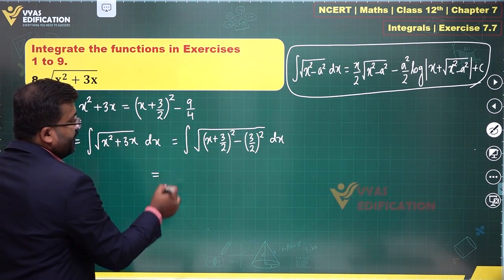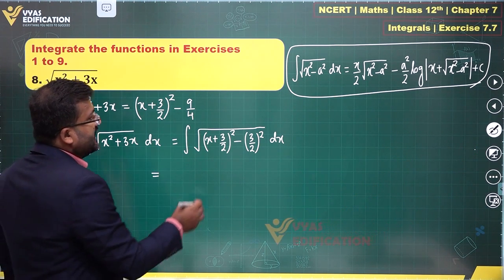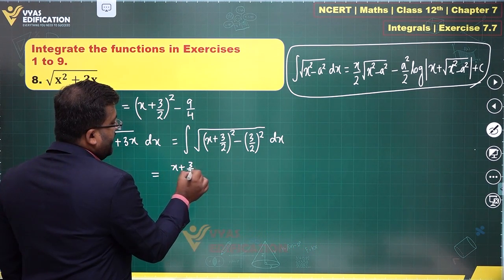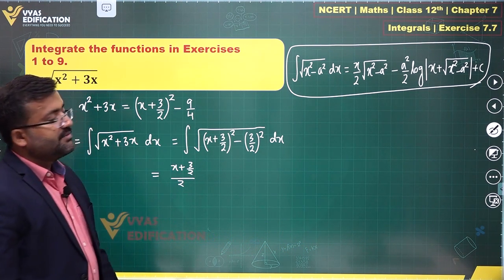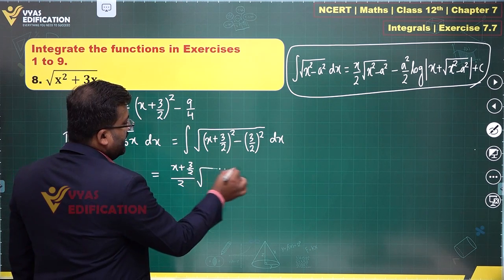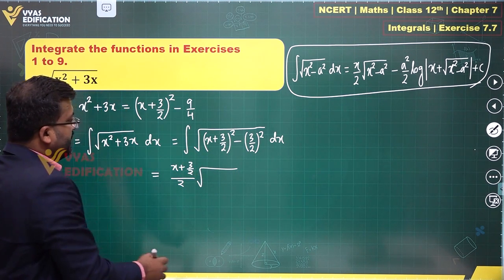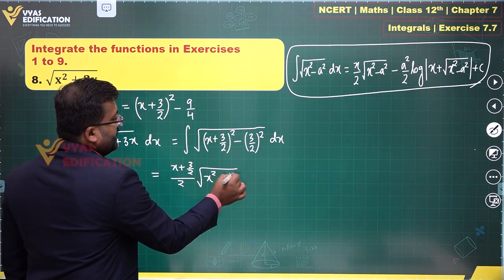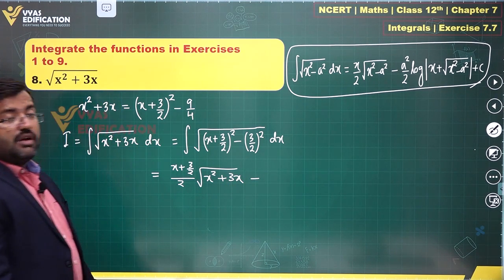This is equal to, instead of x you have x plus 3 by 2, so this becomes x plus 3 by 2, by 2, under root of x square minus a square, which is nothing but x square plus 3x, minus a square by 2.